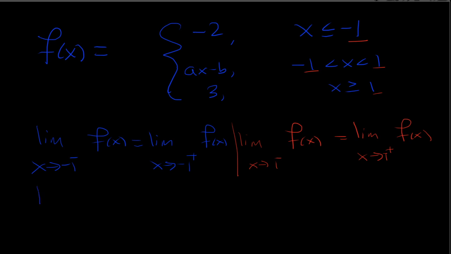From the left, we're going to look at the function where x is less than or equal to negative 1, which is negative 2. And from the right, we're going to be looking at the function that is defined between negative 1 and 1, which is ax minus b.